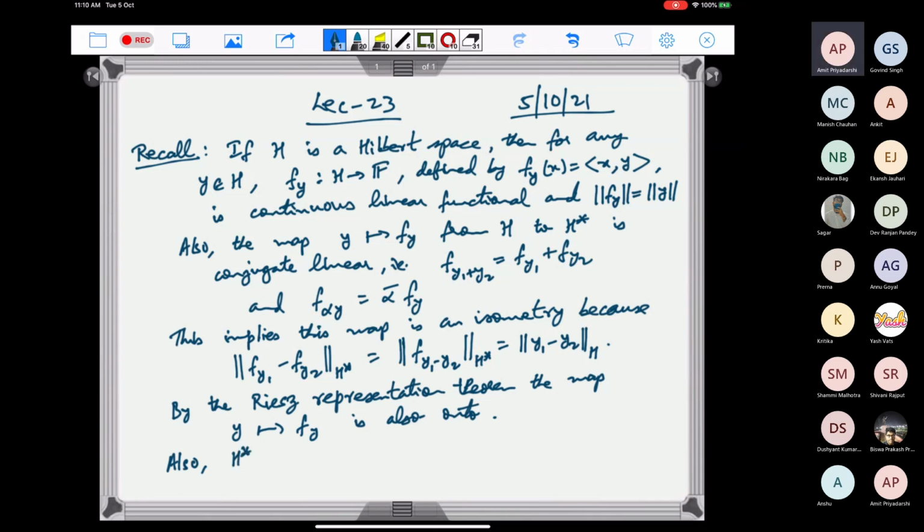H star becomes a Hilbert space with the inner product.